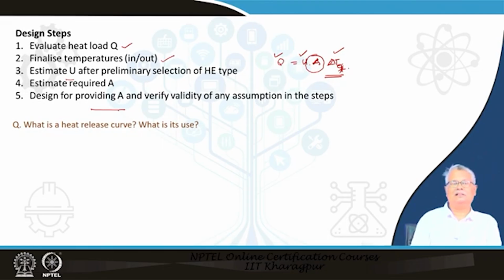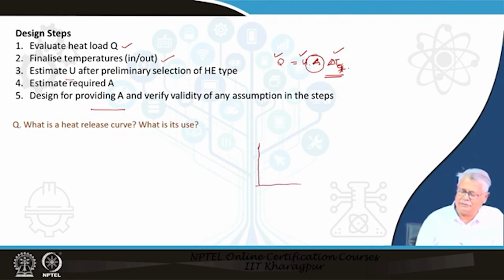Now, one thing I did not speak in the last class, that is very often in the classical design step, there is a term called heat release curve, which we will be learning in more detail later on when we talk about heat exchanger network analysis. But you often see this curve in the calculations provided by vendors.